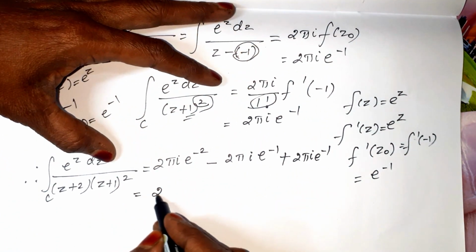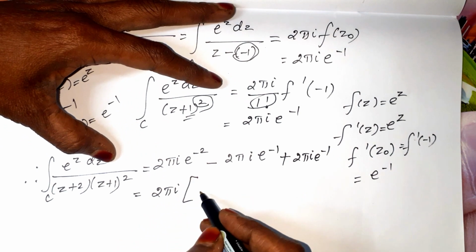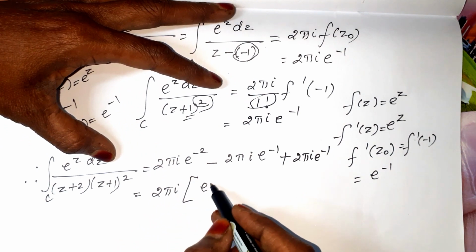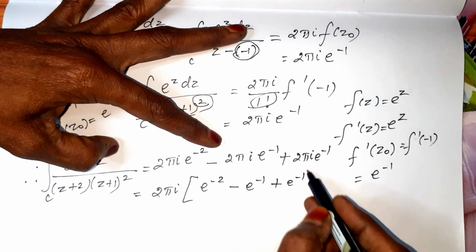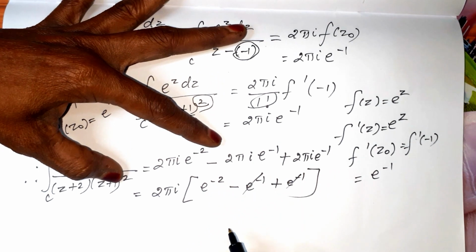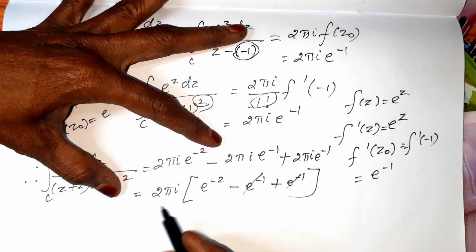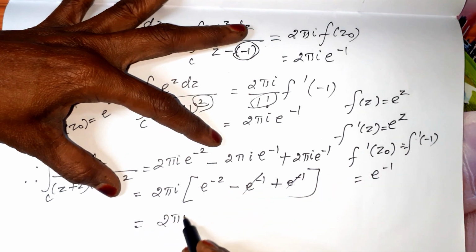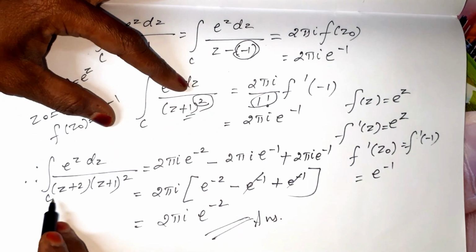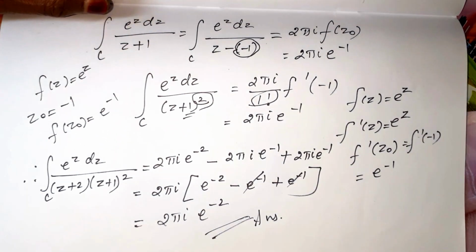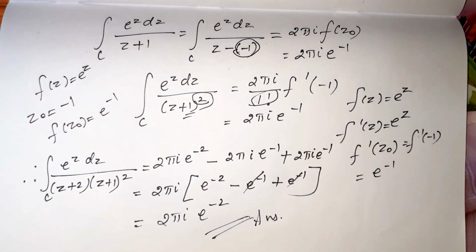All the terms have 2 pi I common. So 2 pi I into (e power minus 2 minus e power minus 1 plus e power minus 1). This term and this term get cancelled because of the minus and plus signs. So finally it is 2 pi I into e power minus 2. This is the answer: we have evaluated the integral over C e power z dz by (z plus 2)(z plus 1) the whole square as 2 pi I into e power minus 2. Is it clear?